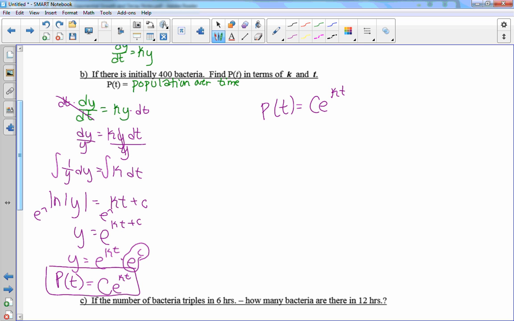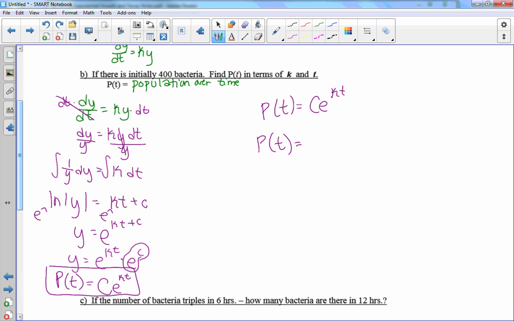okay, what do we know we can plug into to find the initial amount of bacteria? Find P of T in terms of K and T. Meaning K and T should still be in your equation. And it says in terms of K and T, those letters should still be in the equation. Yep. So, do we know P and T?